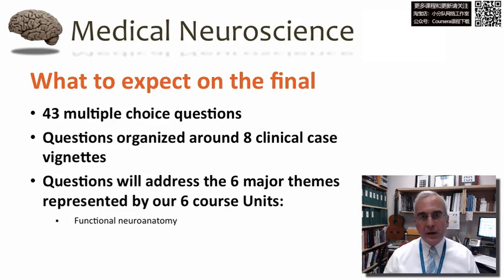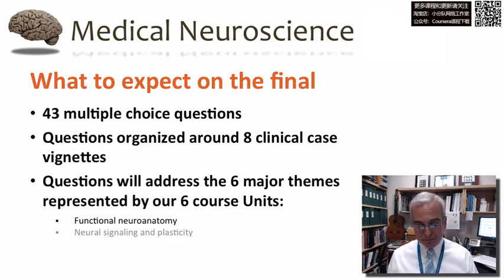But of course, we cannot have a comprehensive examination, and we cannot have a cogent discussion around clinical cases without also having a clear neuroanatomical framework that helps you understand what might be going on in that patient. So functional neuroanatomy will be an important component of this examination.